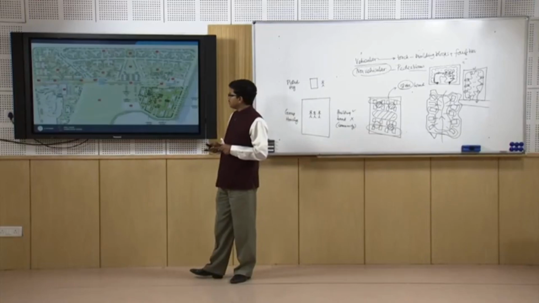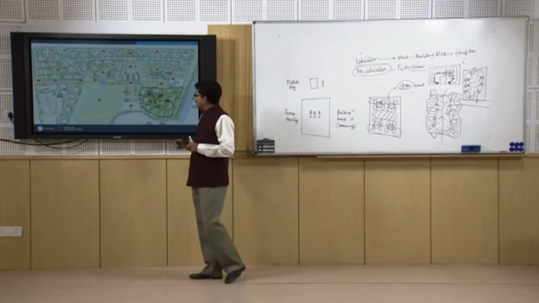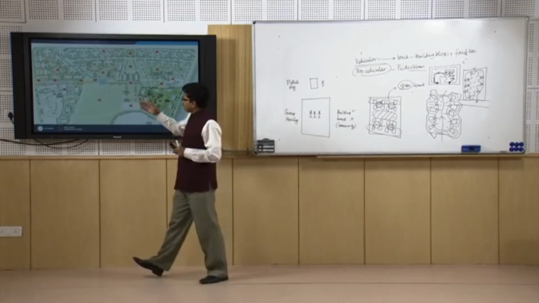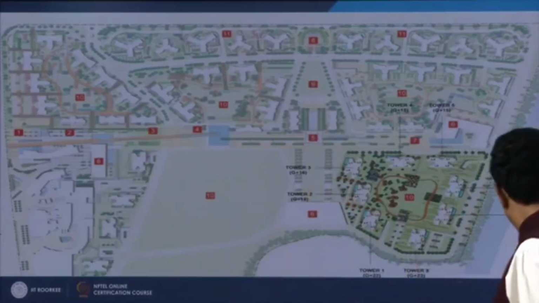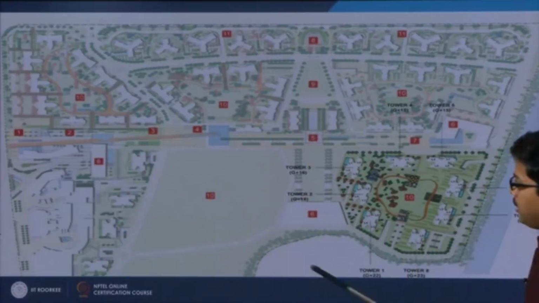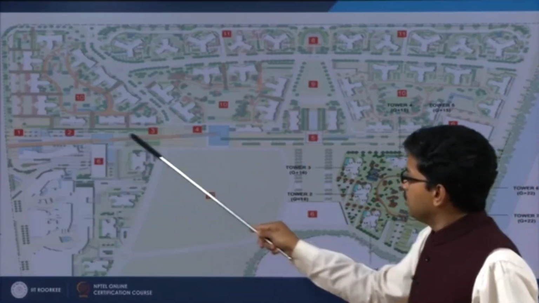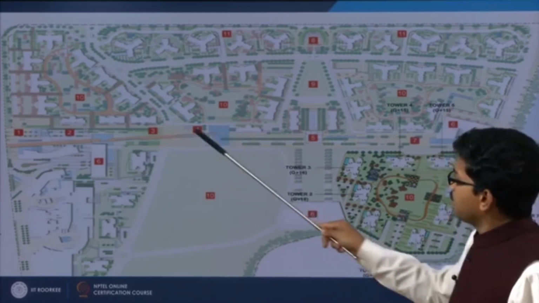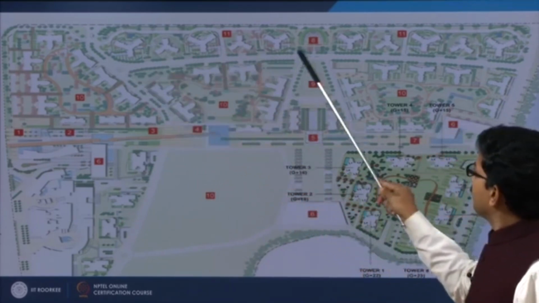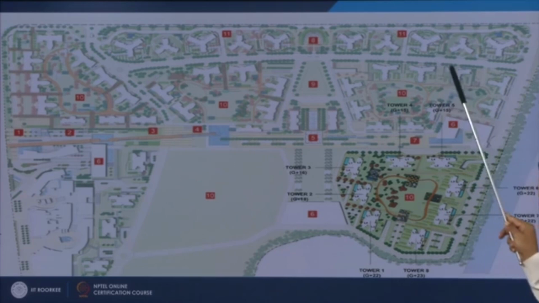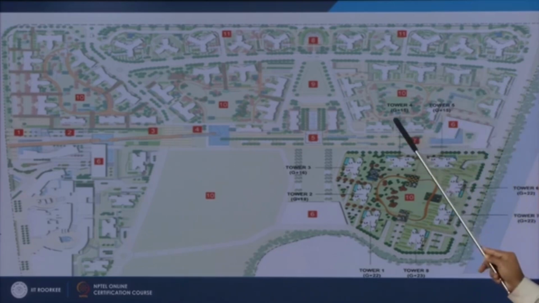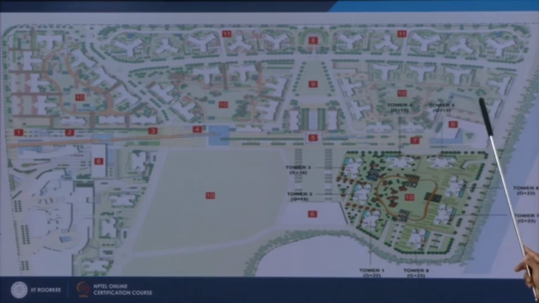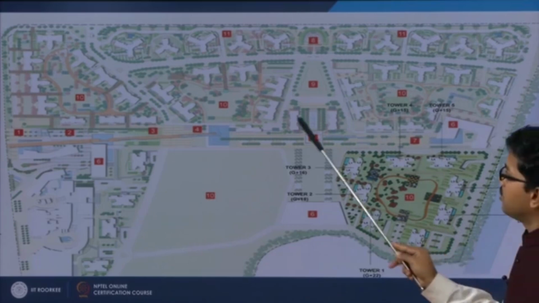Let us see another example. In this example, you can see that this is the vehicular access. From this major vehicular access, this is the secondary vehicular access, and inside the complexes only the pedestrian movements and the green areas and facilities are provided.